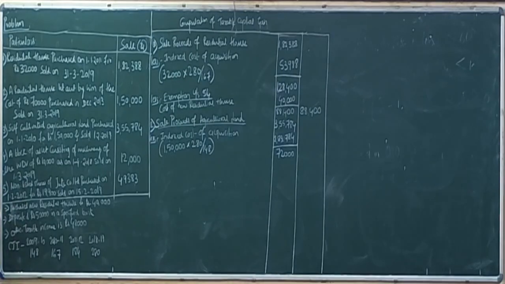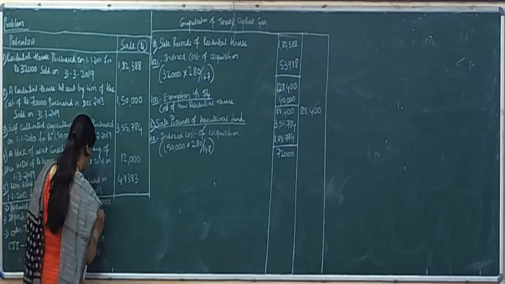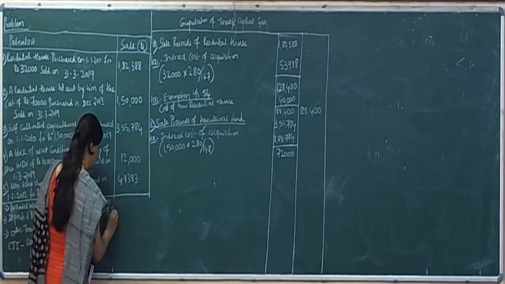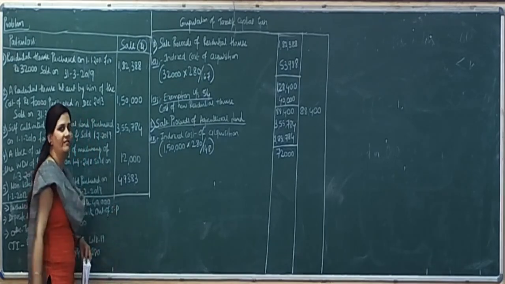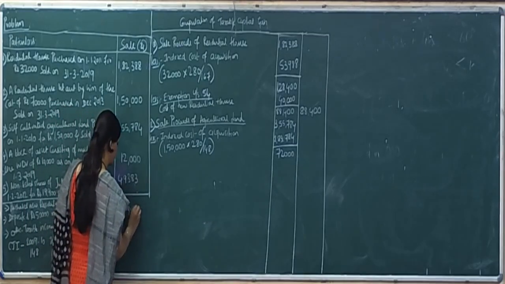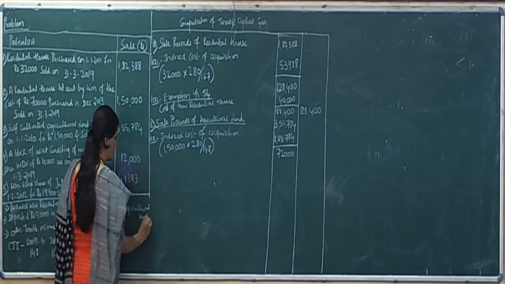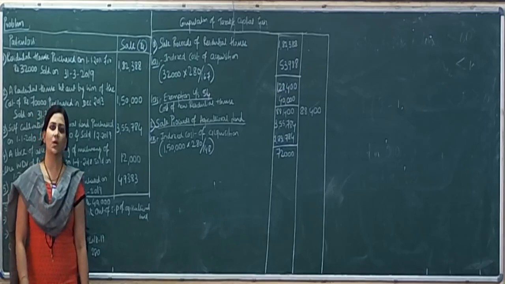Here we can see the sale proceeds: deposited rupees 50,000 in a specified bank out of sale proceeds of agricultural land. It is given in the problem.